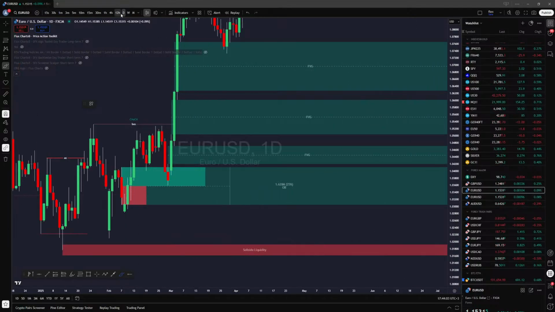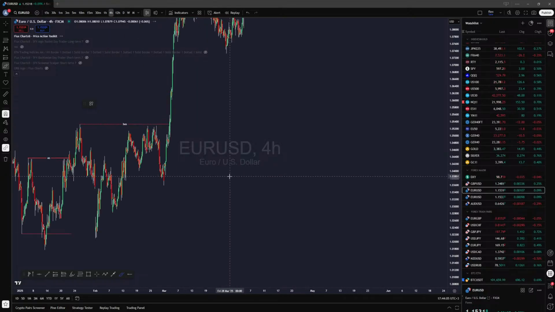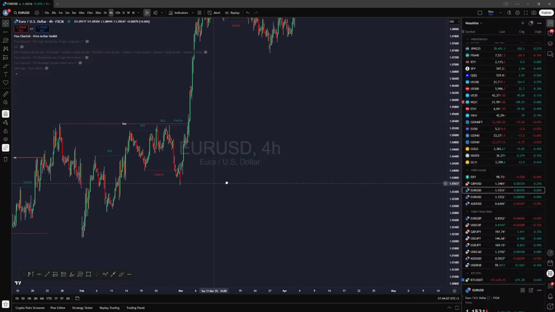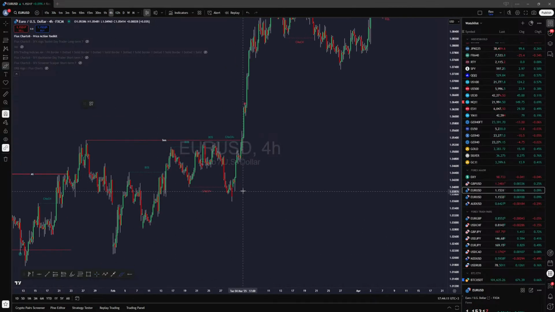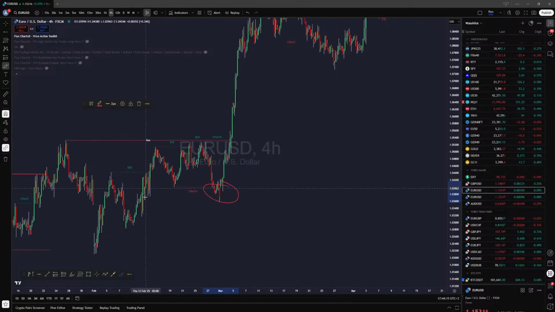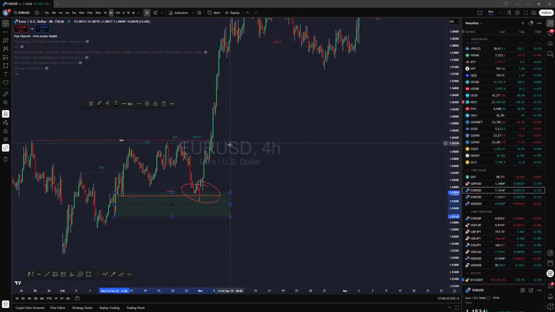So another possible entry you will be able to find here. And once again, SFP here, a small version of this entire setup that we've been talking about. Price just took liquidity, tested this order block, and price pumped.